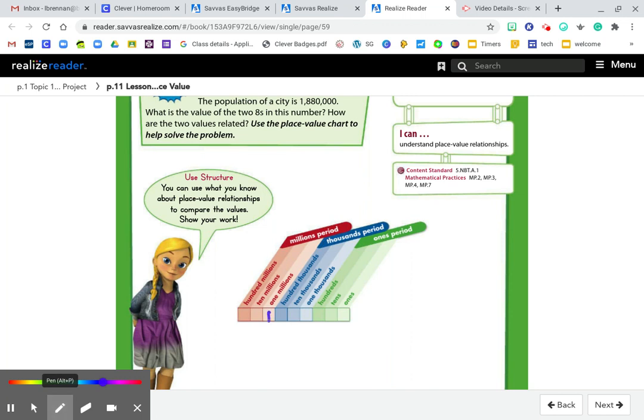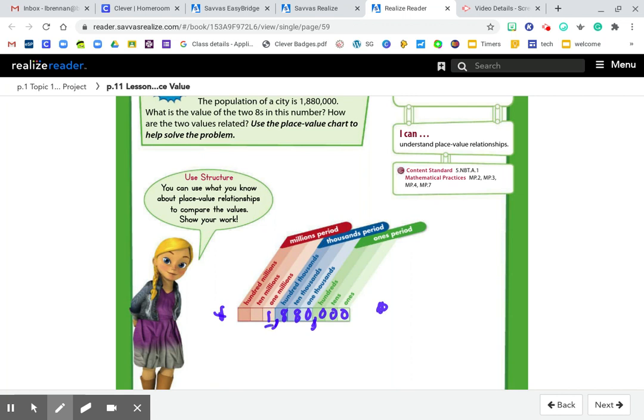So we have 1,880,000. And when we write numbers, we really need to be using these commas between the periods. We read our numbers from left to right. So we start over here and we end over here. The first period has a 1 in it, just 1.